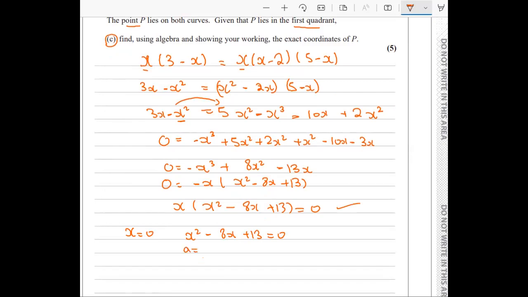A is 1, B is minus 8, and C is 13. The formula is x equals minus b plus minus under root b squared minus 4ac, divided by 2a.